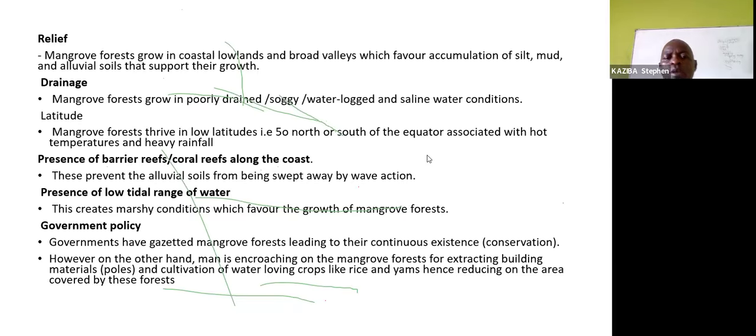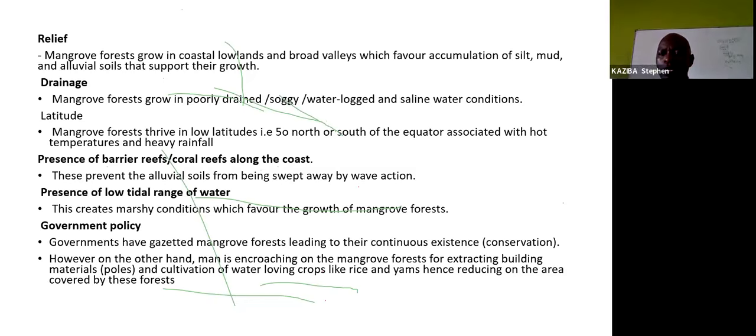Effects. Oh, okay. This one is very easy. Examine the causes and effects. Let me leave other questions and go through your questions. So, examine the causes of sea level changes. That is the easiest question. What are sea level changes? Sea level changes refers to a rise or fall in the level of the sea in relation to the land. Are you together?